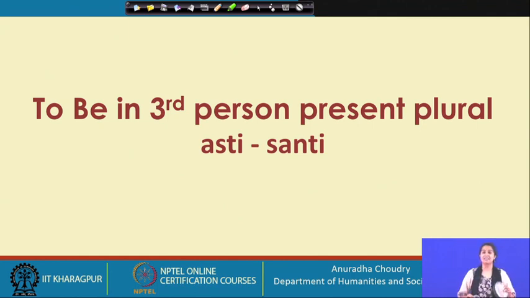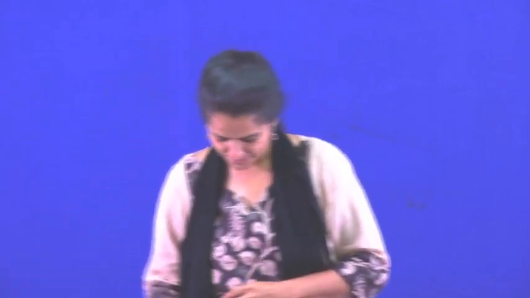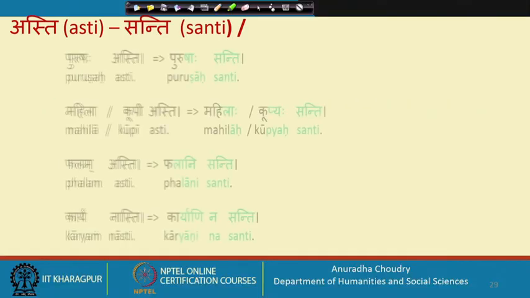Sthalika asti, sthalikaha santi. Uttamam. Lekhani asti, lekhanyah santi. Uttamam. Patram, paper. Patram asti, patrani santi. Very good. So let's look at that.